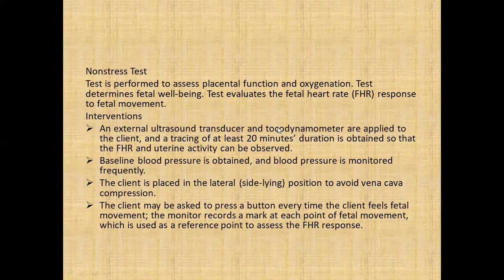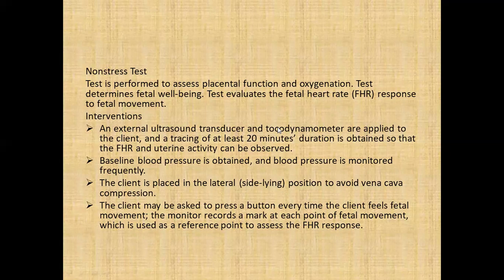After 20 minutes, the healthcare provider will come to read what is on the monitor and assess the fetal heart rate in response to the fetal activity. Remember, during every fetal movement the mother presses the button, and that activity is recorded on the monitor.